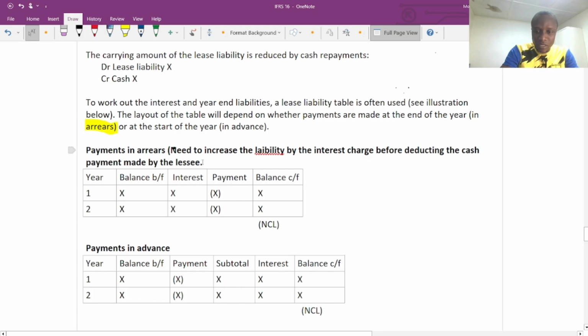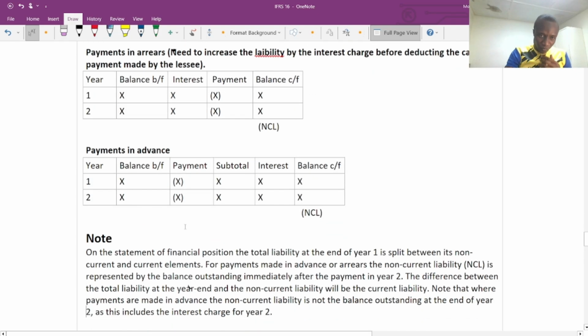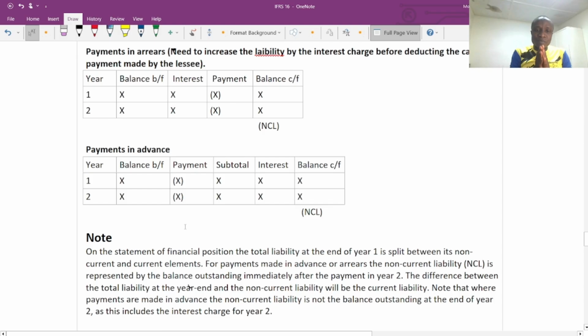Now, what about if payment is made in advance? What are we going to do? When payment is made in advance, before we increase the liability, we need to deduct the cash payment made by the lessee, before we calculate the interest charge.